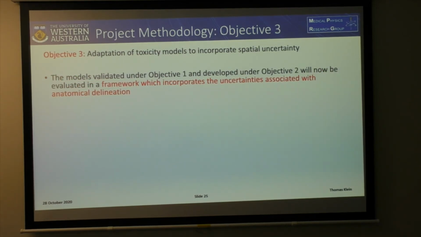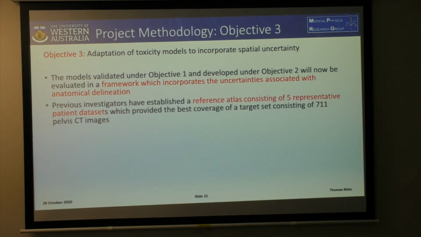The last objective will be to validate the models in Objective 1 and Objective 2 within a framework incorporating spatial uncertainty. Previous investigators have established a reference atlas of 5 representative patient datasets based on MRI data, providing the best coverage of a target set of 711 pelvic CT images.